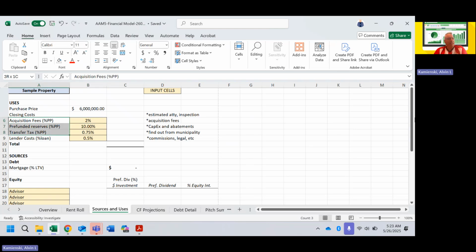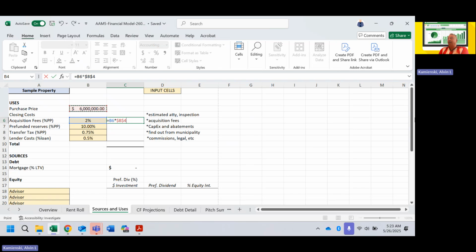So these three are going to be a percentage of purchase price, and this one is going to be a percentage of the loan. So acquisition cost is equal to 2% of the purchase price. I'm going to lock the purchase price because 2% of the purchase price is 120.